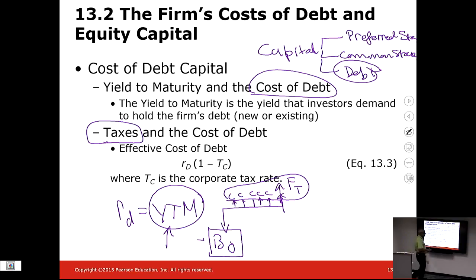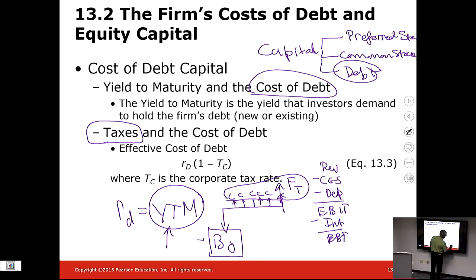If you recall what an income statement looks like, you start with revenue, subtract cost of goods sold, subtract depreciation, that gives you EBIT, then you subtract interest, that gives you EBT, then you pay taxes, and that gives you net income.